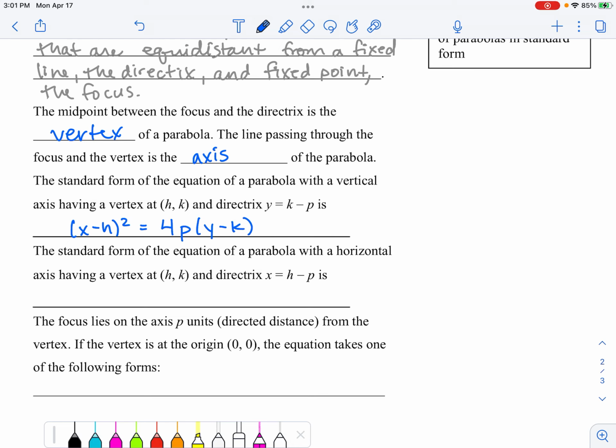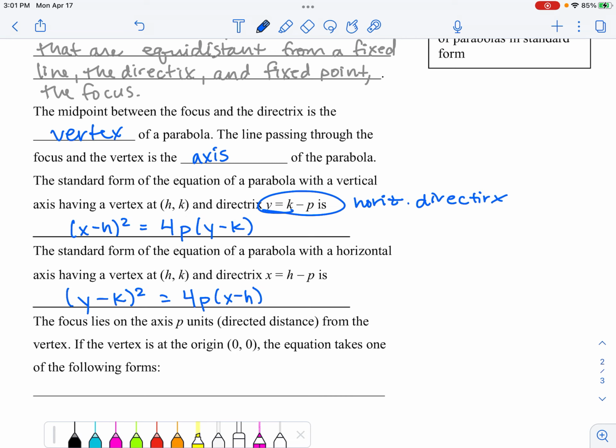And that's if the directrix is horizontal. And this is, what if the directrix was vertical? Then the general form would be y minus k. Remember, y and k always go together, equals 4p times x minus h. And h and x always go together as well.